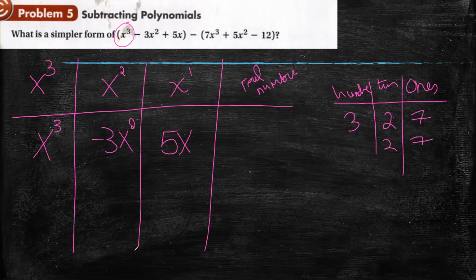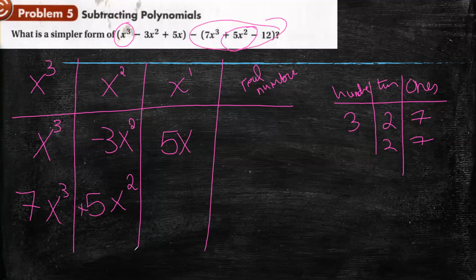Look at the second one here. We have 7x cubic and 5x squared plus. And did I have x here in the second one? Did I have a number multiplying by x? No. So keep it as 0 or nothing.